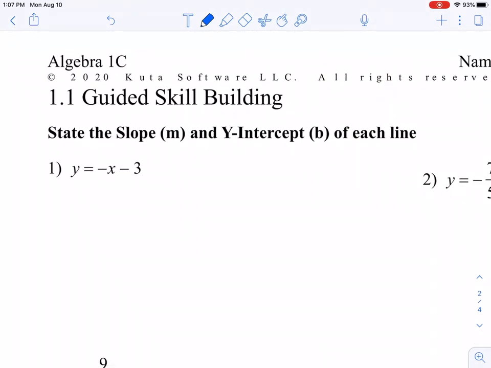Now there are 2 activities built in. The first one is that I'm going to go through and I'm going to state the slope, which is what we're going to call m. So I'm going to say m equals, and I'm going to state the y-intercept, or the b, for each line. And this is very simple.